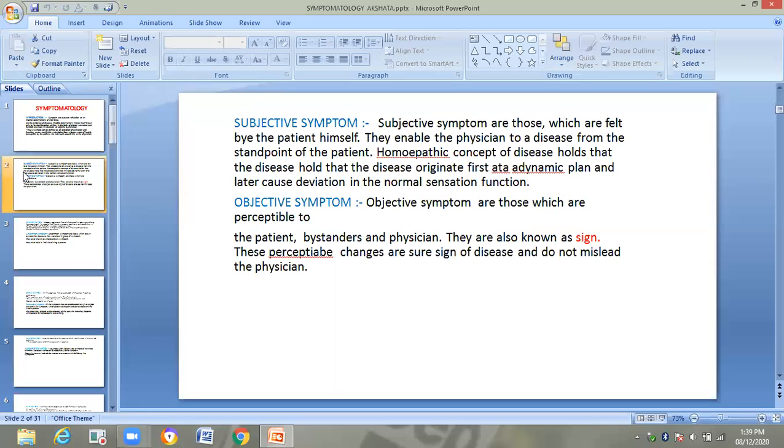some persons exaggerate their symptoms too much. Some persons have the capacity to bear pain.